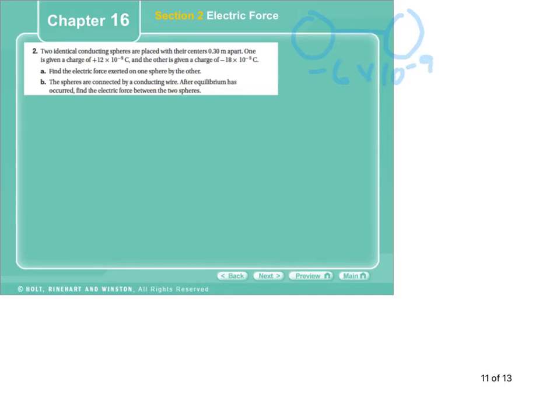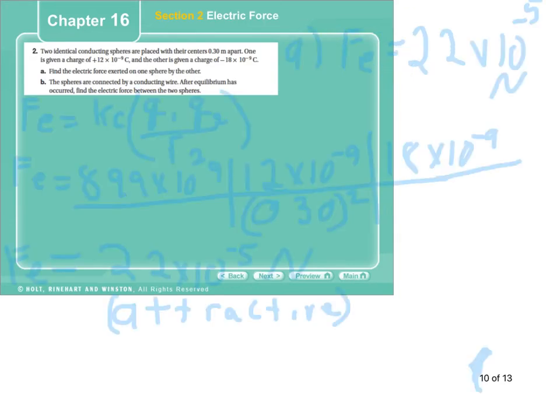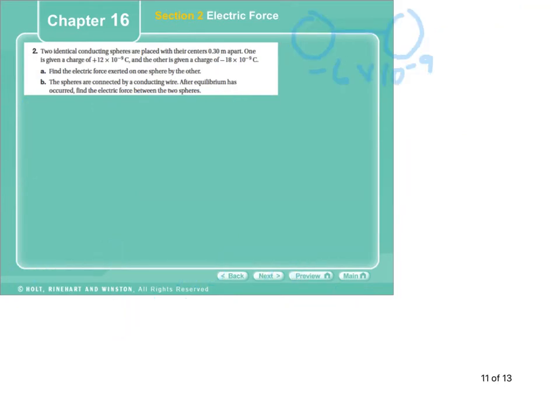But then each one of them will have half that charge, so the Q1 and Q2 are going to be both negative 3 times 10 to the negative 9th. So that's going to be our Q1 and our Q2.